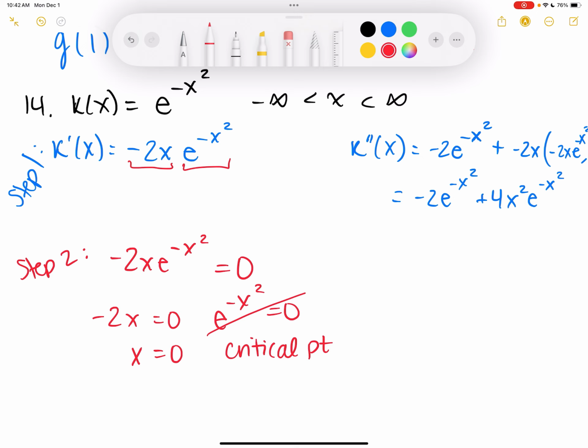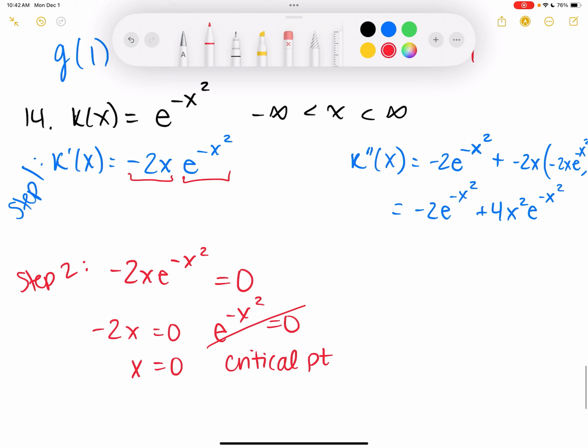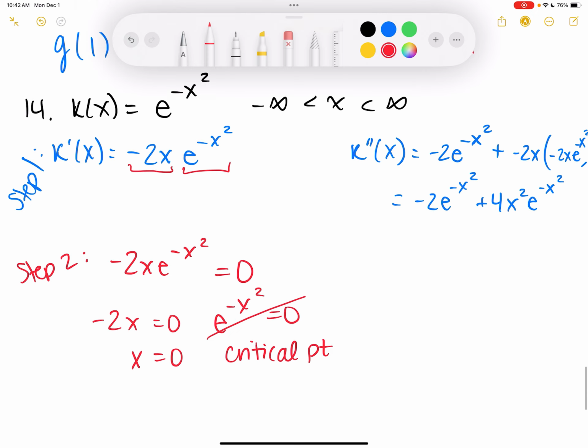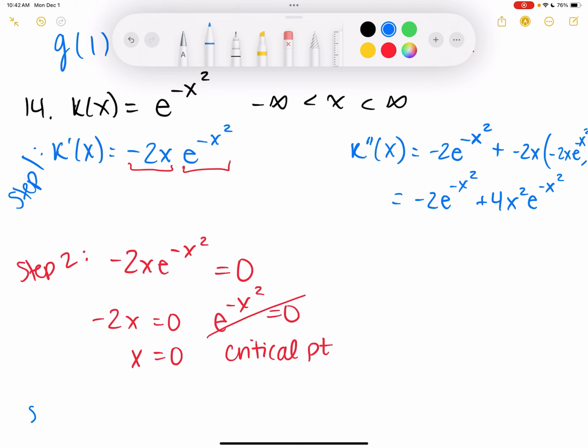And so then evaluating my first derivative, or well, I don't need to do that. Yeah. So then step 3 is to determine then if they are mins or maxes.